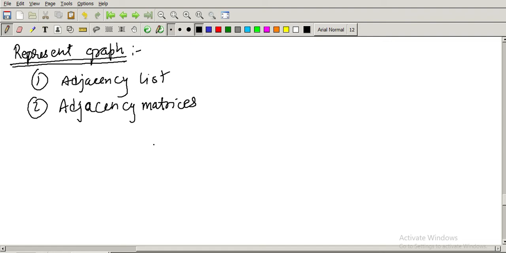So how to represent this? Let me take an example. Let's say that we have this graph with vertices A, B, then we have C, and D, E. We have this type of graph.